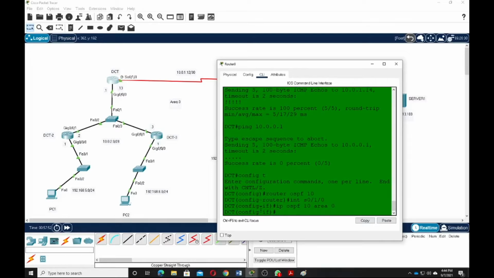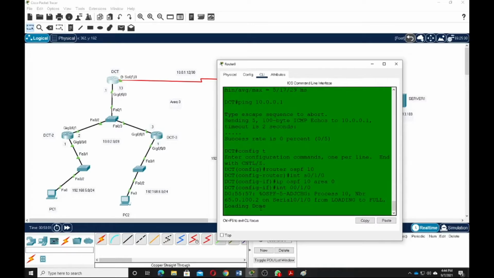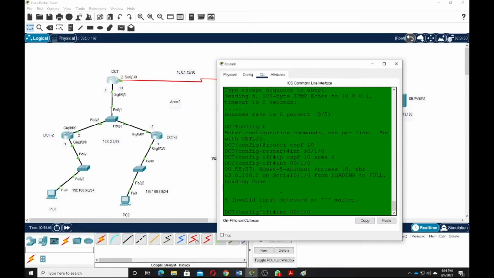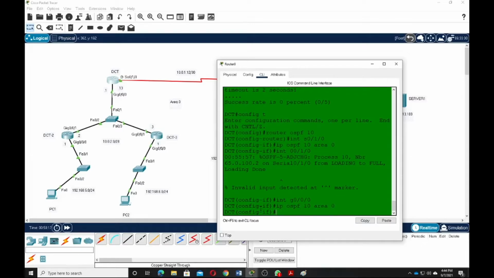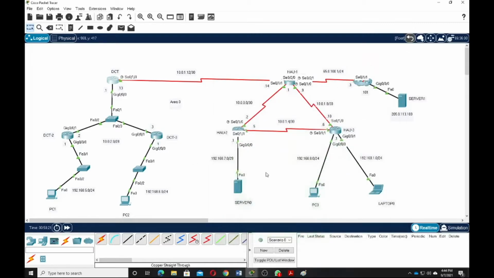Okay, and then another interface is G0/0, and then ip ospf.